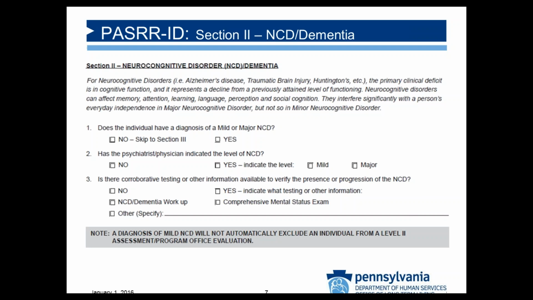And then at 3, add more. We want more information. Was there any testing done? Was the diagnosis actually given by a psychiatrist? Was it given by a psychologist, or was it by their PCP? All of that's important information to know.